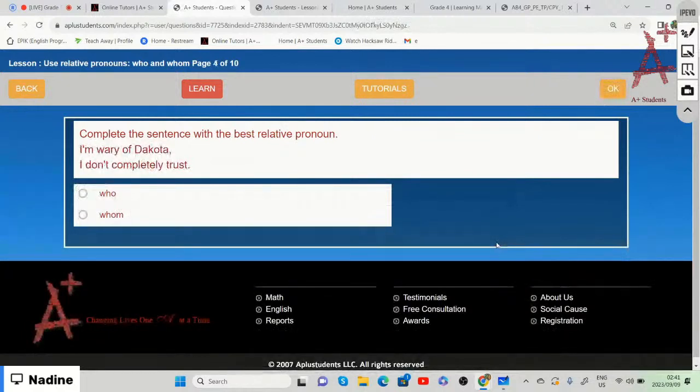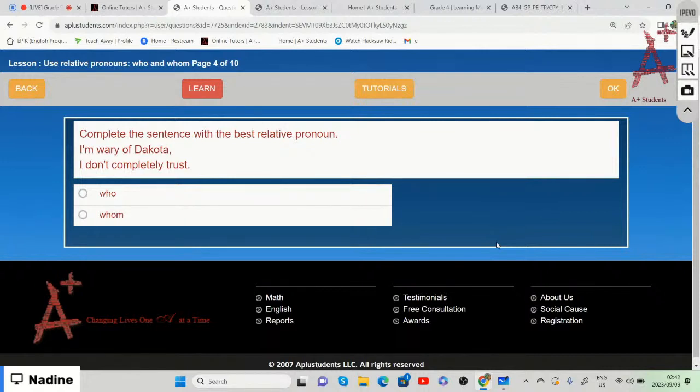And I am wary of Dakota. So, I'm wary of Dakota, who I don't completely trust or whom I don't completely trust. So this is Dakota, and I do not trust her.